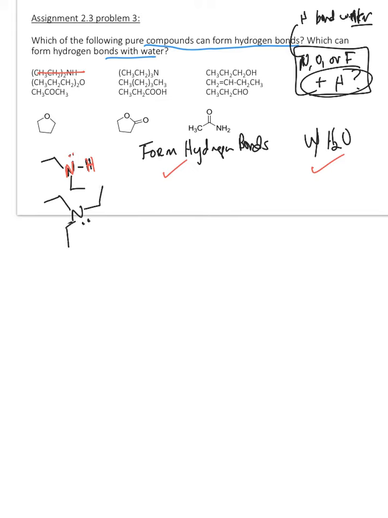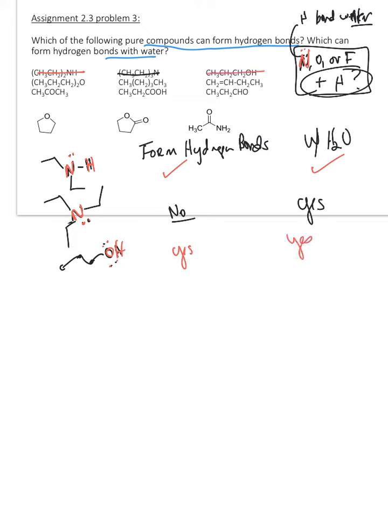Okay, it cannot, so this is no, but it can form hydrogen bonds with water because it has the nitrogen with the lone pair. The next one is propanol, and it has oxygen with its lone pairs, and it also has a hydrogen. So this one's yes and yes.